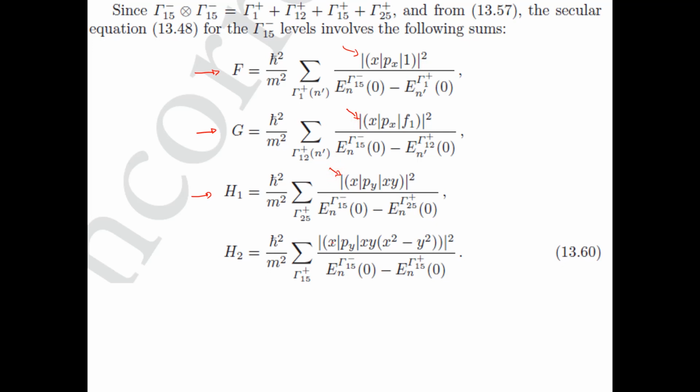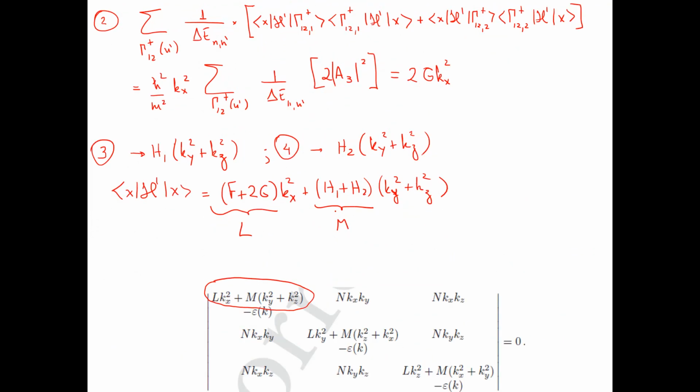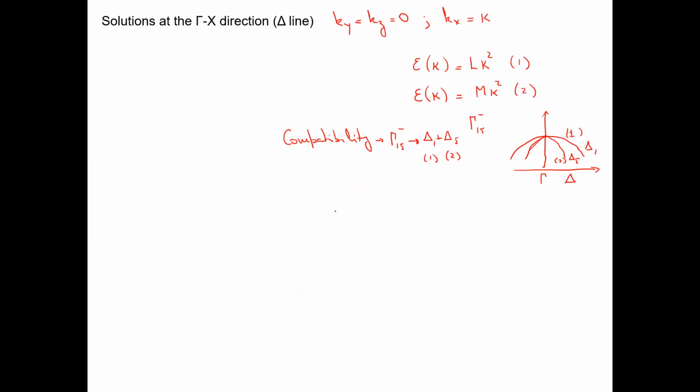But in practice, it is the other way around. One can obtain the masses from experiment and use that information to evaluate these different matrix elements. That's one way to go. Okay, but group theory tells us at least the general dependence of the band dispersion as we move away from these high symmetry points.